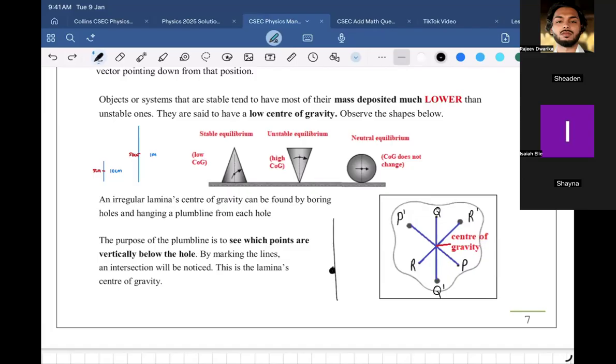But your diagrams. Okay, I wouldn't post yours. All right, Shana, your diagram looks good as well.